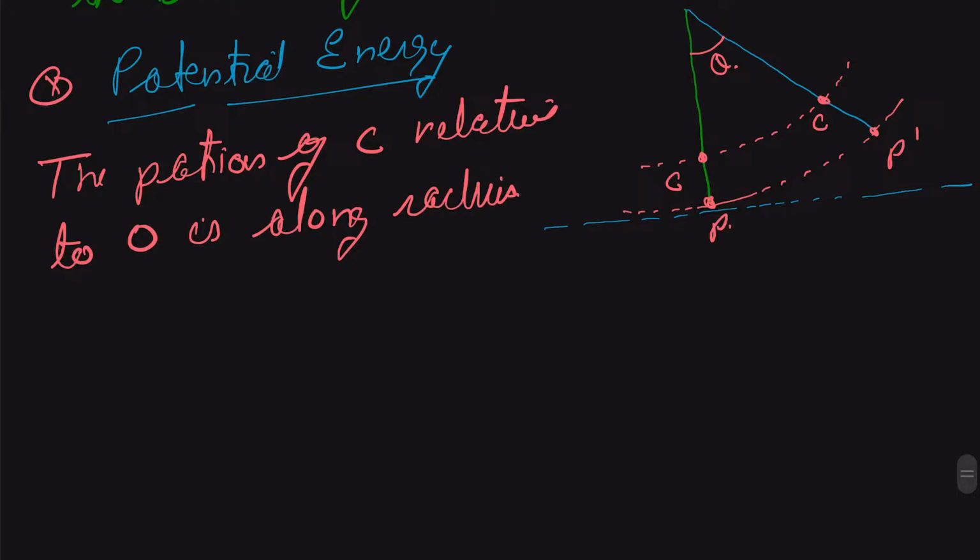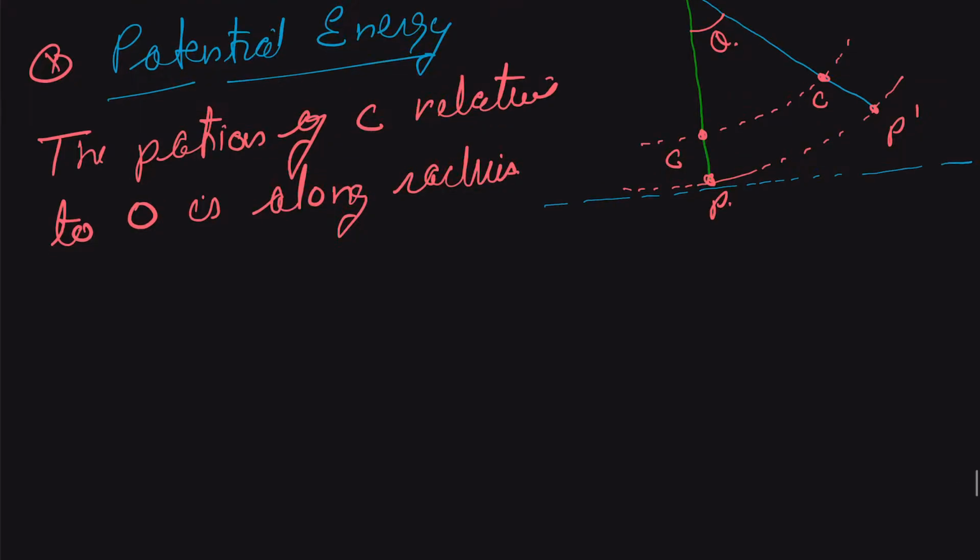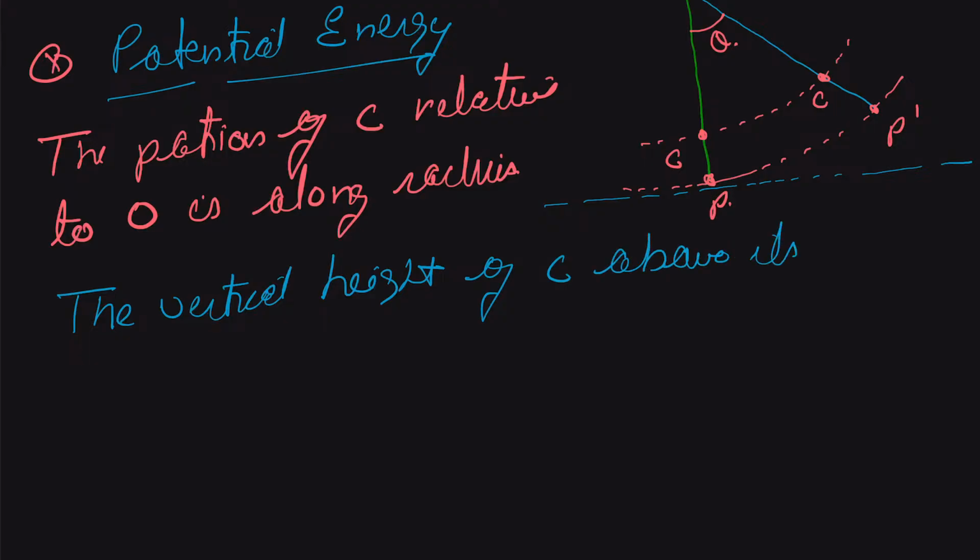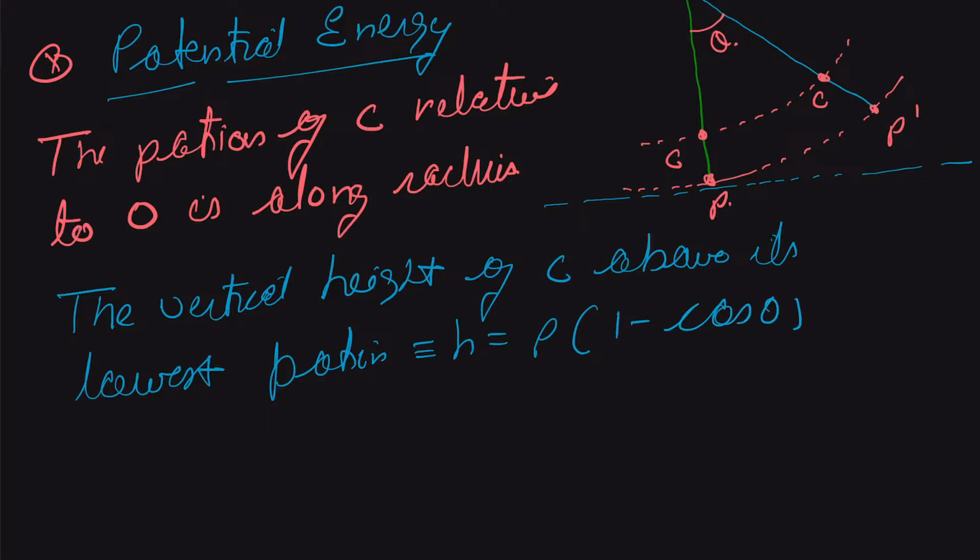And we can also say that the vertical height of C above its lowest position, let us call this H, and this H will be equal to rho times 1 minus cos of theta.